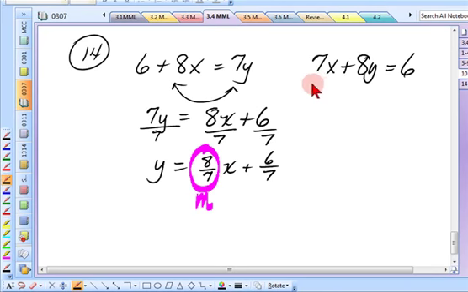The second line, I'm going to subtract 7x. So 8y is equal to negative 7x plus 6. I'm going to divide by 8.